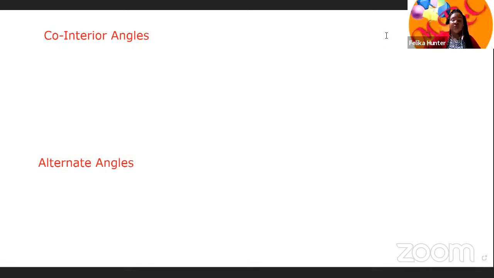Somebody do alternate angles as well. So somebody is going to do co-interior angles and somebody is going to do alternate angles, and you're going to take charge and show your screen for what co-interior angles are and what alternate angles are.